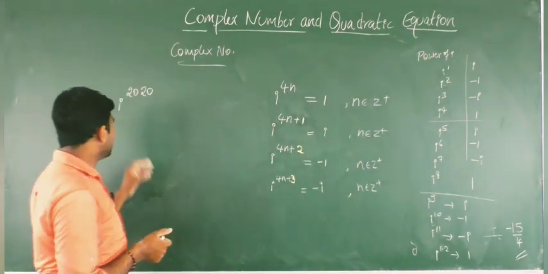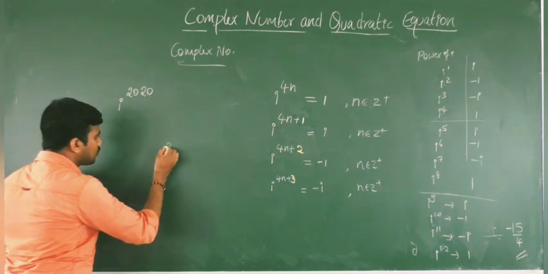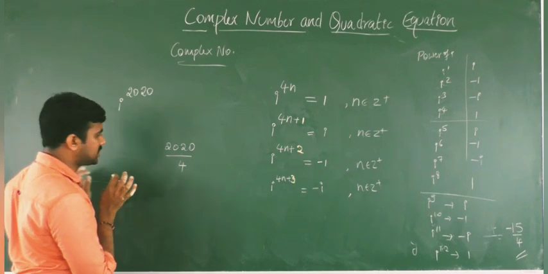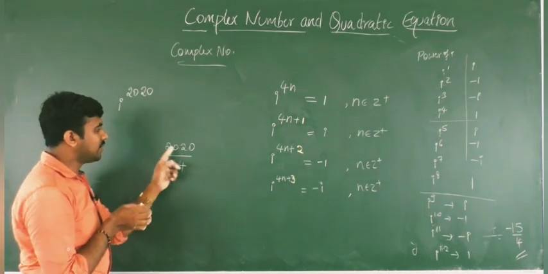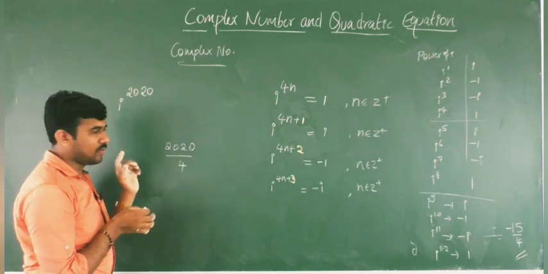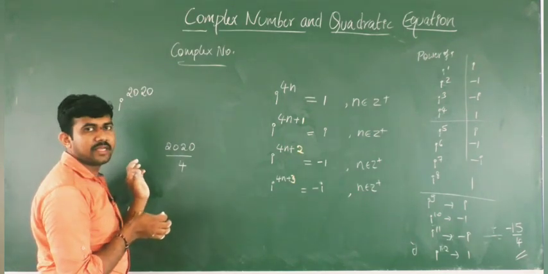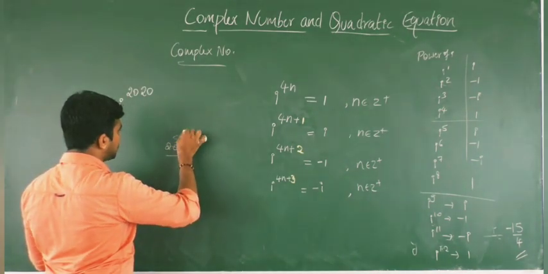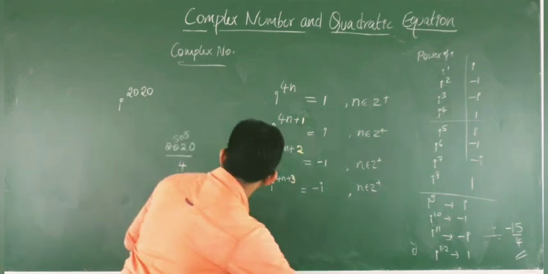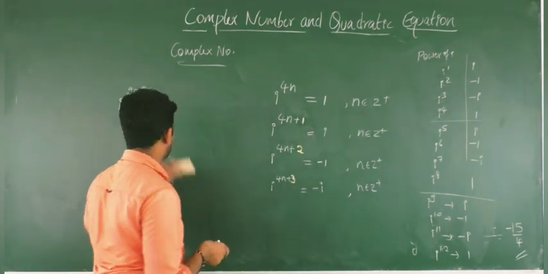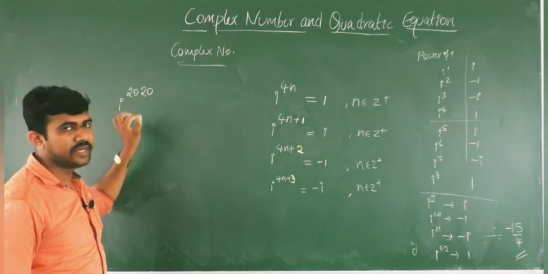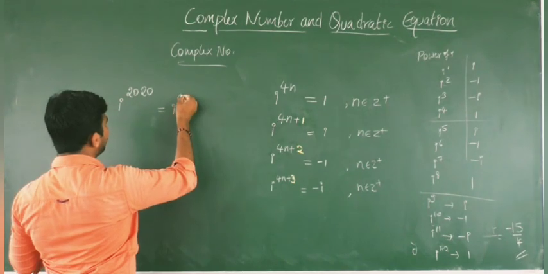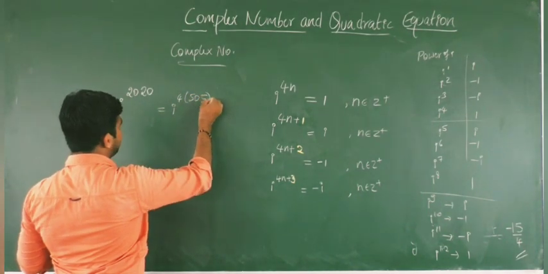To find this value, you have to check whether 2020 is divisible by 4 exactly. Clearly, since the last digits are 20, it is divisible by 4, and the quotient comes out as 505. So 2020 is divisible by 4, and this can be written as i to the power 4 into 505.